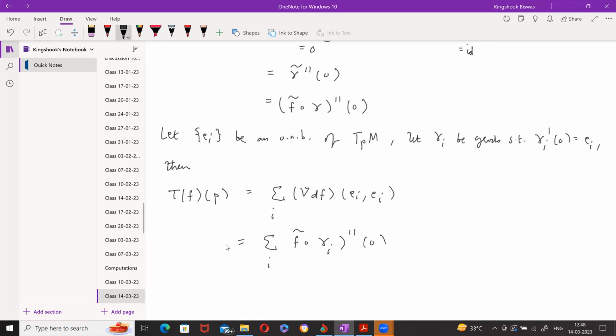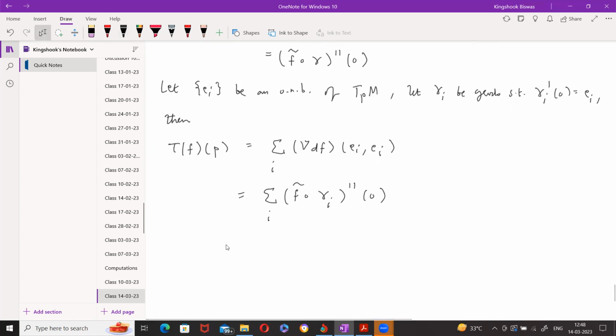And this is nothing but the Laplacian of F tilde at the point P.